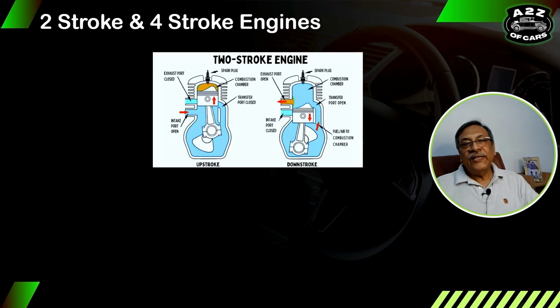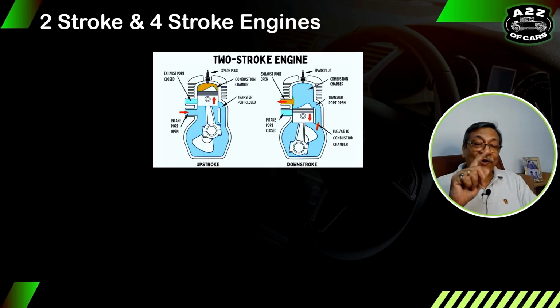Now, the difference between a two-stroke and a four-stroke engine. In a two-stroke engine, as the name says, there are just two strokes. Compression and power happen in one stroke itself. Compression and then power happens. There's a spark and power happens. Similarly, exhaust and intake happen in one stroke.